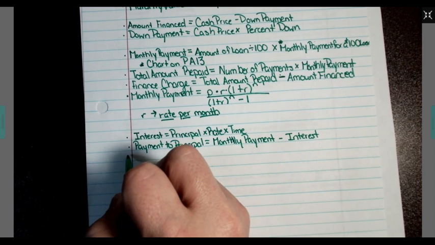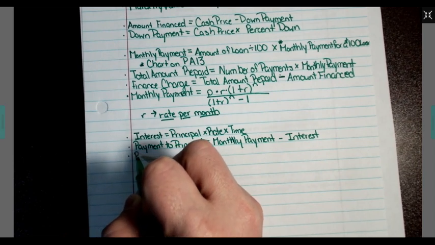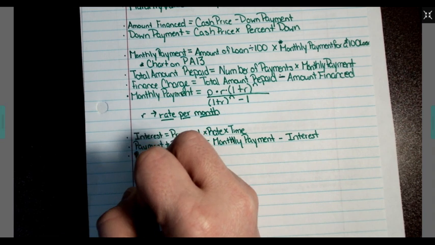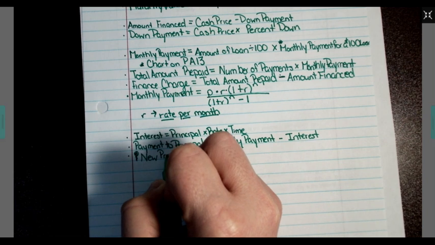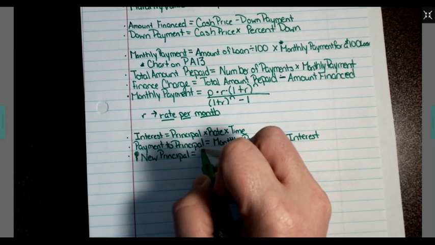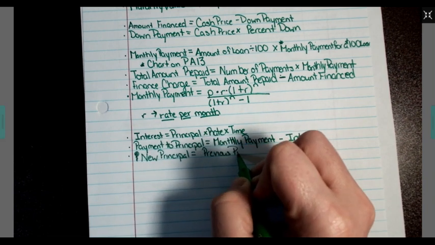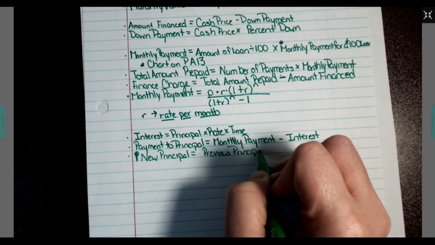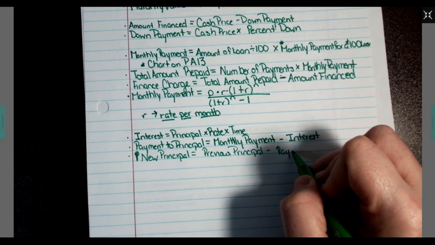The last equation is going to be new principal. This is going to be your previous principal minus your payment to principal.